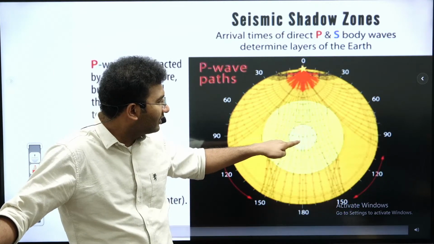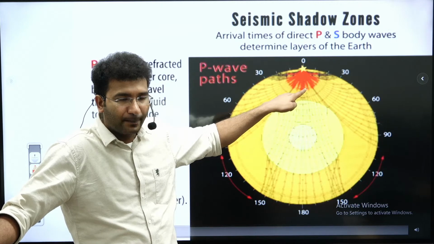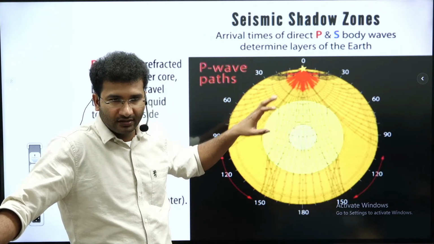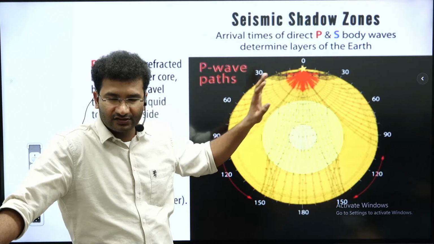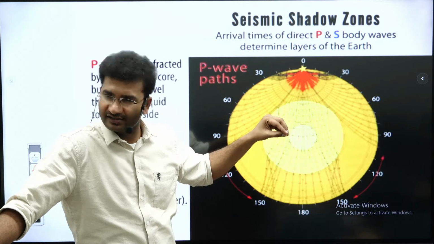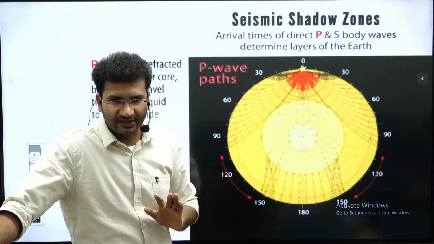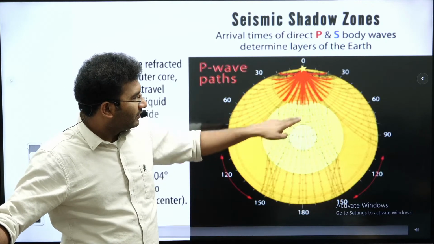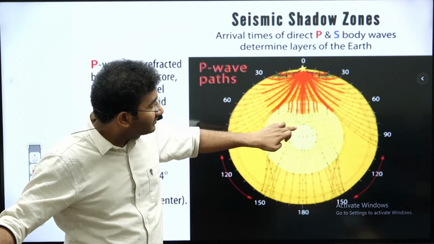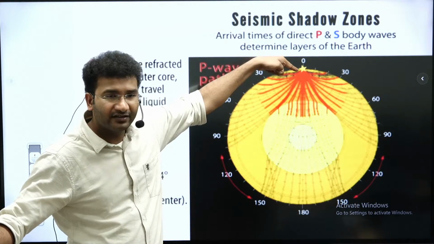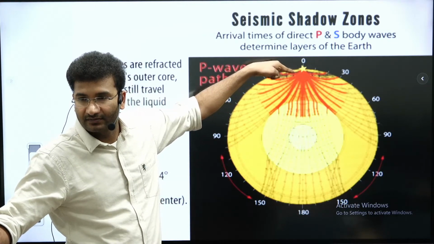And this is a solid layer, and this is a solid layer. The outer core is liquid, the inner core is solid, and the rest of the layers are solid, and some are semi-plastic, semi-molten layers, which I am going to tell you in the next class. Here it is liquid, but the density of even this liquid layer is very much higher than the density of the material present on the surface of the earth.